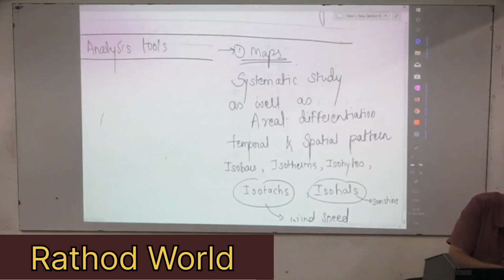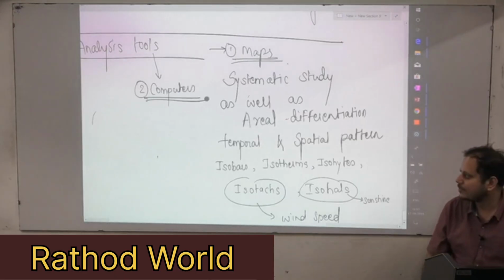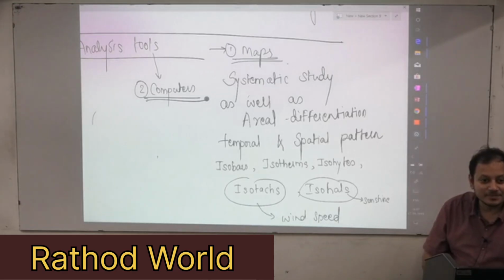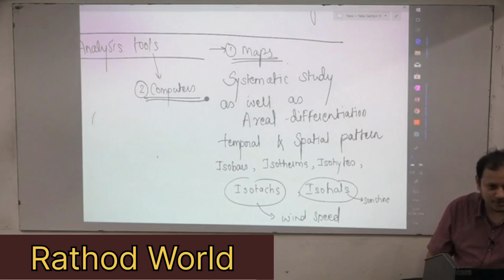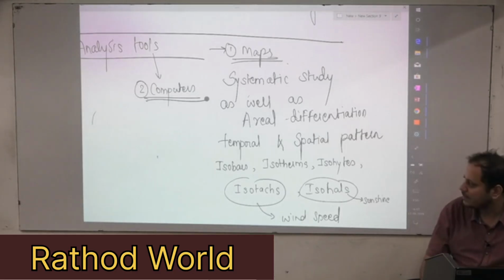And second analysis tool is computers. रिकॉर्ड के थ्रू, यस. और इसी से हमें क्लाइमेट, मतलब हम धीरे धीरे क्लाइमेट की तरफ शिफ्ट हो रहे हैं.